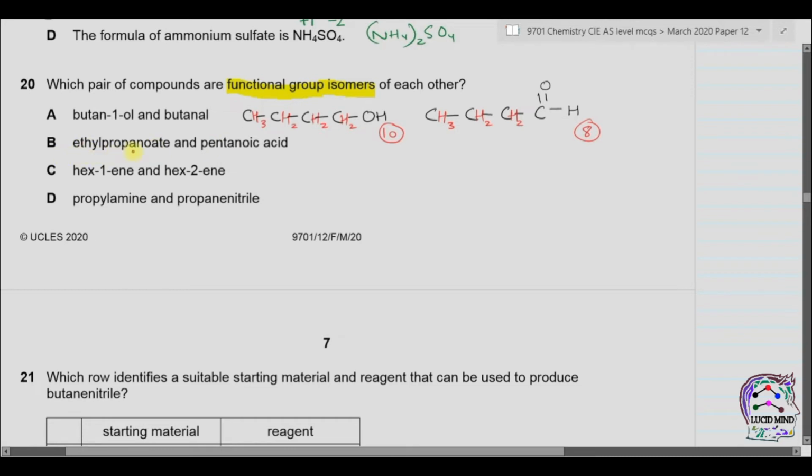B is ethyl propanoate and pentanoic acid. Let's draw the structures of ethyl propanoate. This is ethyl propanoate.